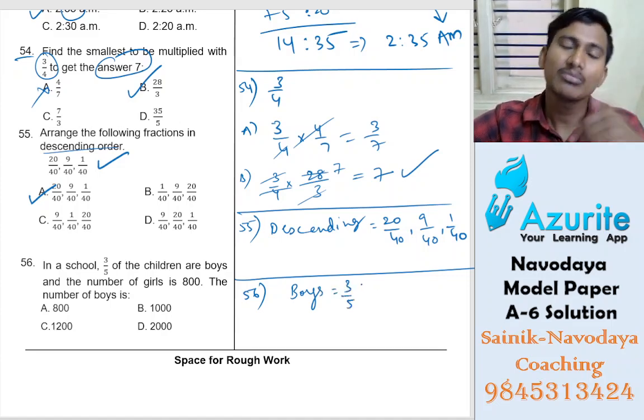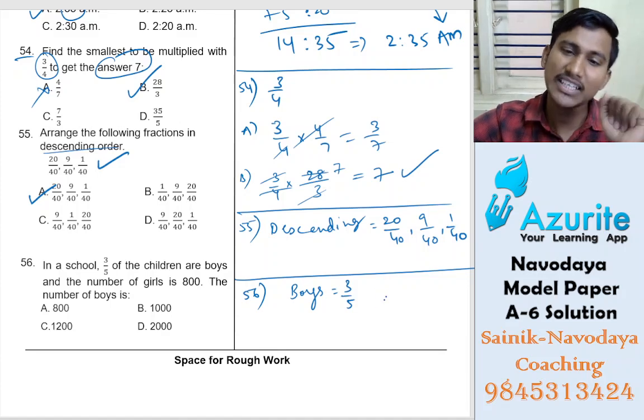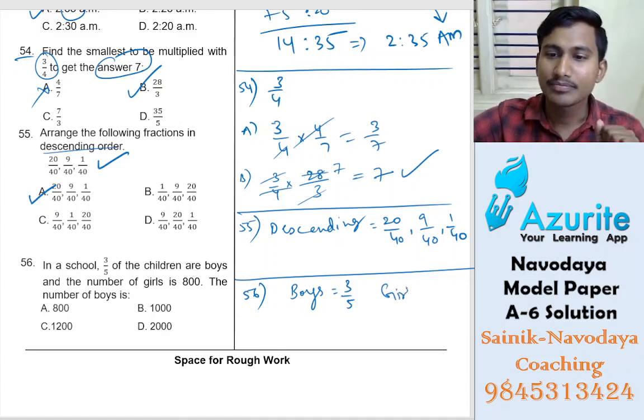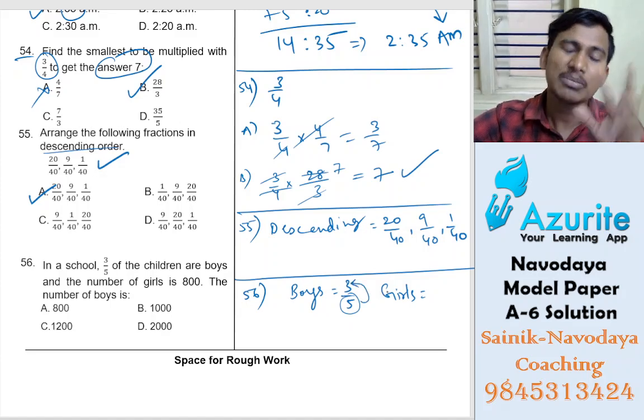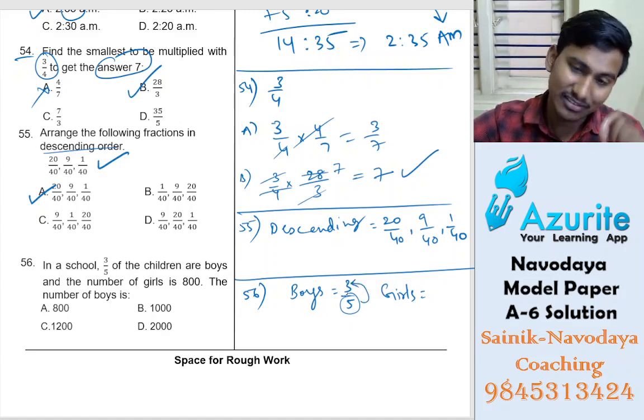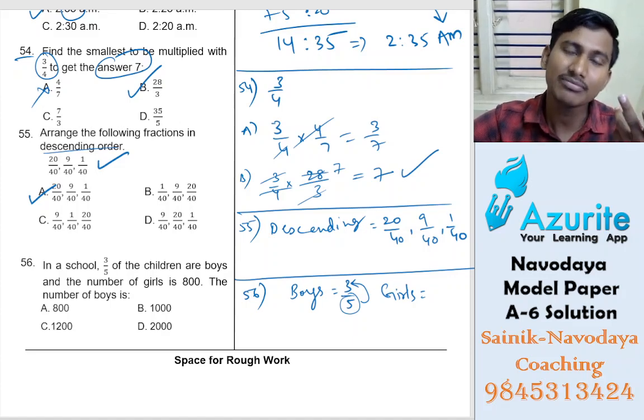From the remaining total, girls will be how much? From 5 total, 3 are boys, remaining will be girls, from 5, 2 will be there, right? From 5, understand?